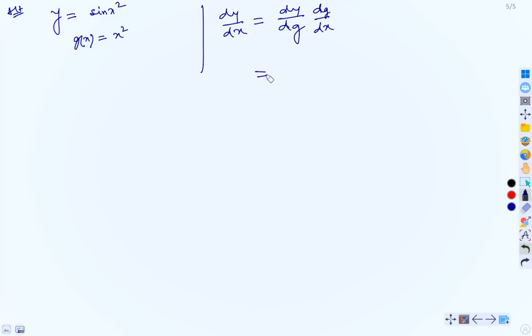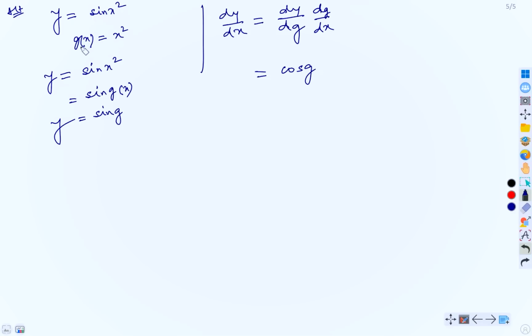So y equals sine of x square, and this we can write as sine of g(x). So sine of g, let's for the time being forget about this bracket x part. Now what is dy/dg? dy/dg is cosine g.